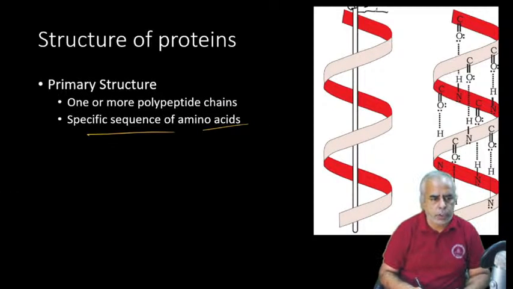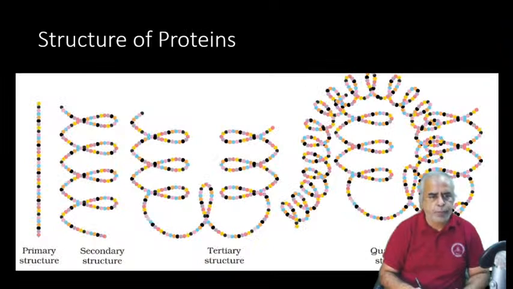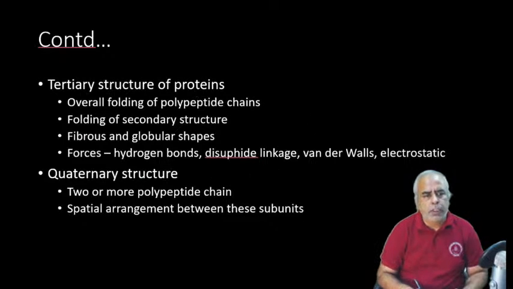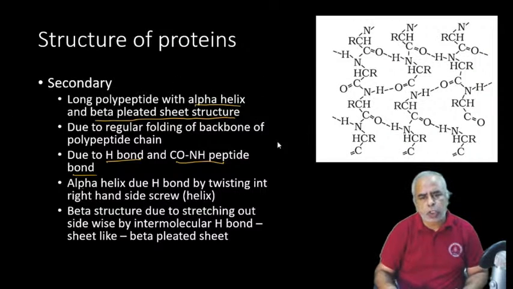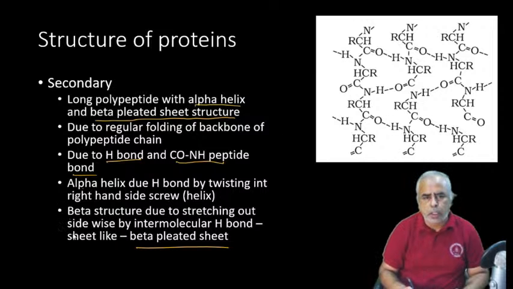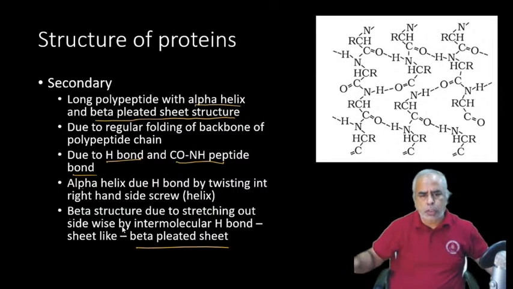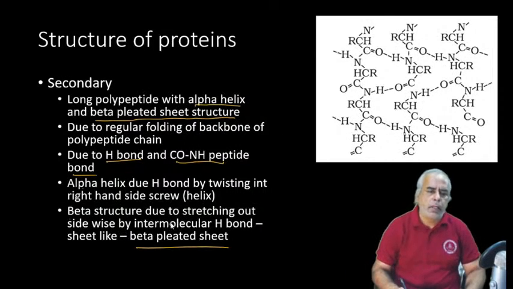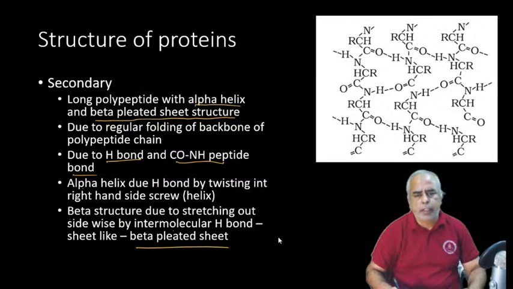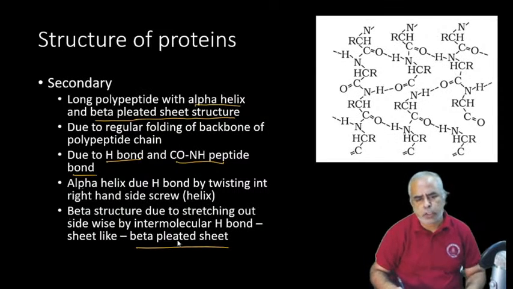Okay, the twisted structure. And then we have the other secondary structure, that is the beta structure, the sheet structure. The beta pleated structure is because of the cross linking. They are stretched out sidewise, and they can be formed by intermolecular hydrogen bonding.